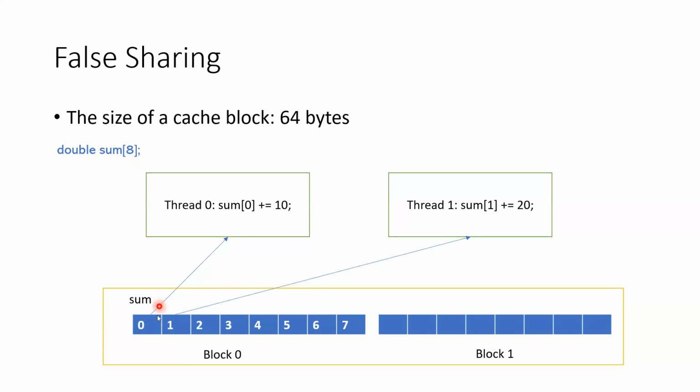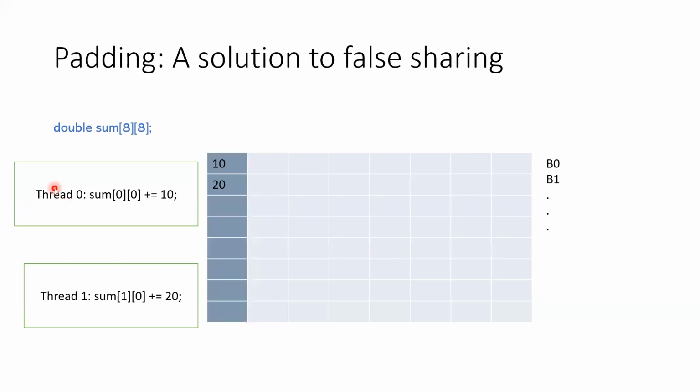So to avoid that, I have the next slide. To avoid this false sharing, you can do something called padding. Instead of using a one-dimensional array, you use a two-dimensional array where you have a complete 8 elements as a block, cache block 1, and then block 1 after that, and only access the first column of it.